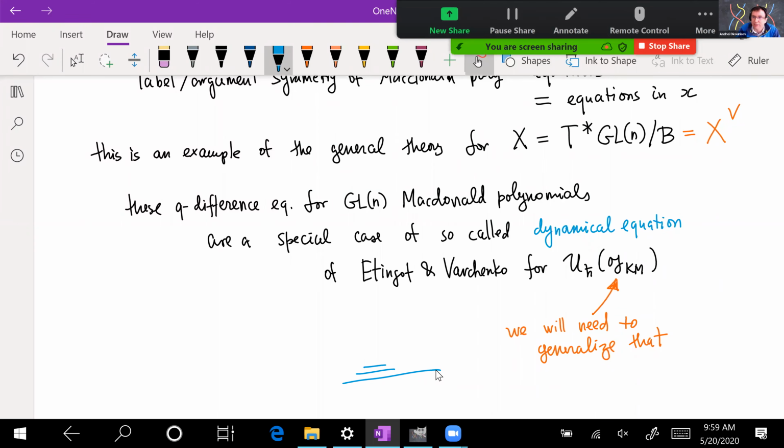So this brings us to the actual topic of the lecture, namely introduction to quantum groups. What I would like to say from the very beginning is that I would like to present the subject in a way which does not start with generators and relations.